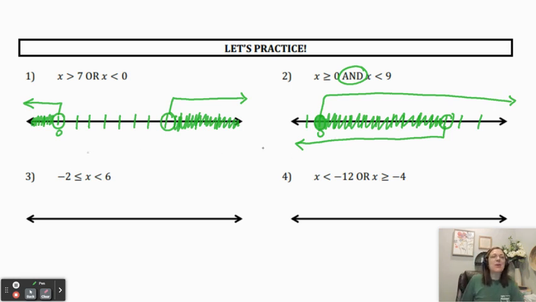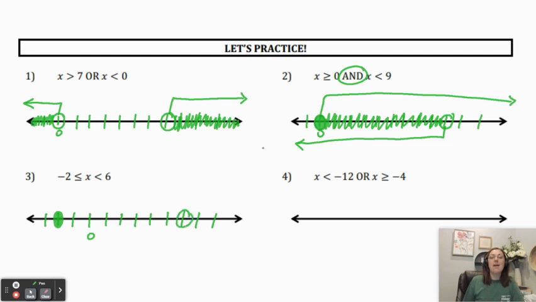All right, so for number 3 here, we've got -2. Oh, they wrote it together. Okay, so I'm putting some numbers on my number line. So at -2, I see that little equal to underneath the inequality. So I'm going to put an open circle. And then at 6, I'm going to put an open circle. 1, 2, 3, 4, 5, 6.